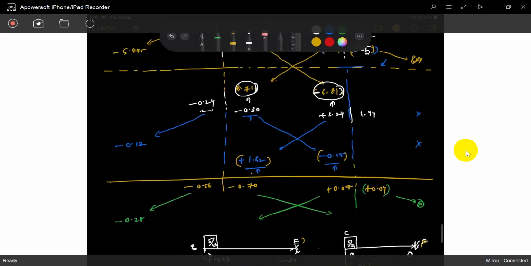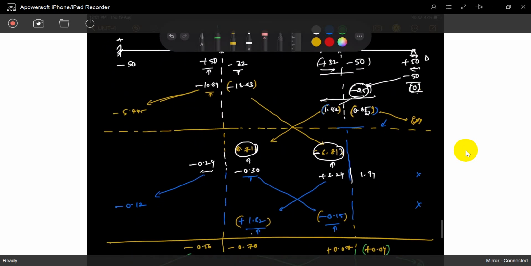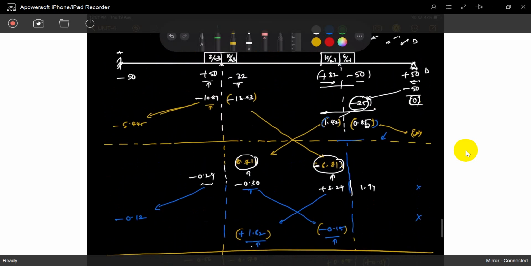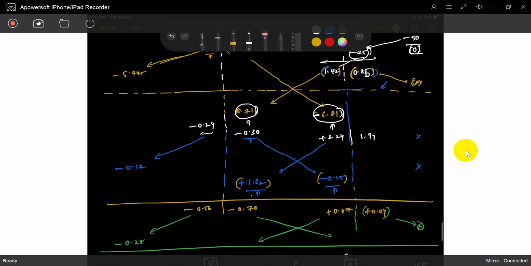Now we can sum it. See, minus 50, minus 5.445, minus 0.12, minus 0.28.